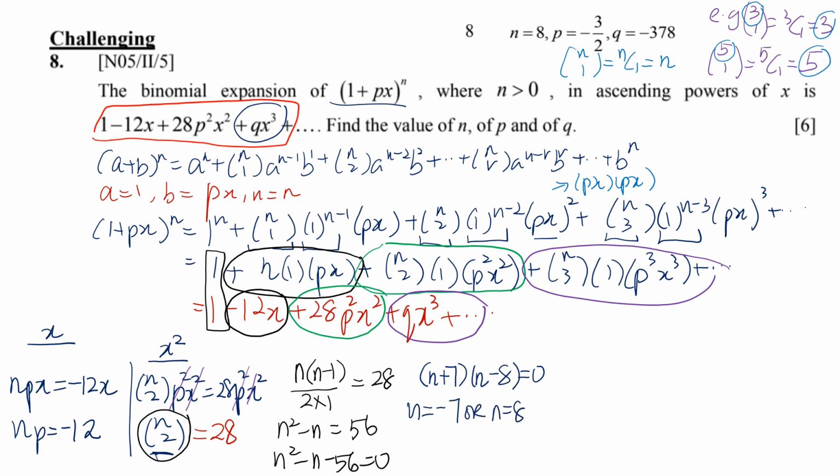Of course, n equals negative 7 has to be rejected because n has to be a positive integer. So therefore n is equal to 8. Alright, so with n equals 8, you can just substitute into the earlier one to find the value of p. So p would just be negative 12 divided by 8. That gives you negative 3 over 2.